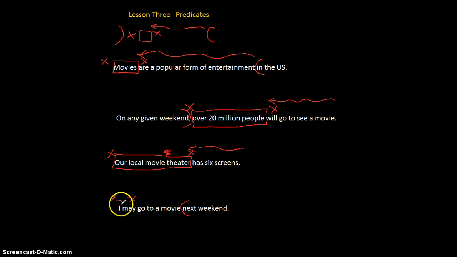And my subject, it's a small one, is I. The shifter begins with next weekend. Everything from the subject to the shifter is the predicate. And I'm done. I now have my sentence broken down into pieces.